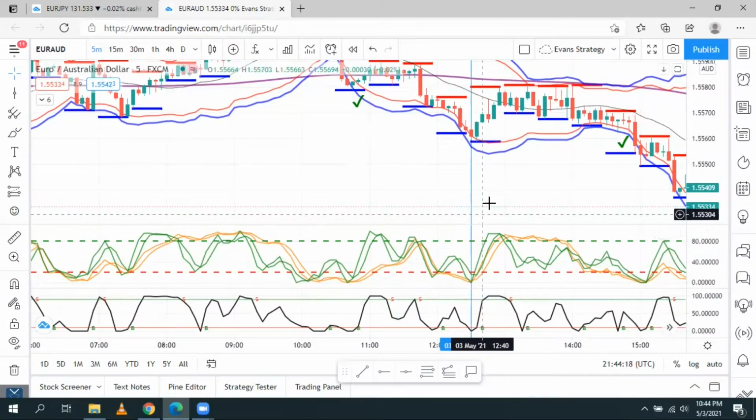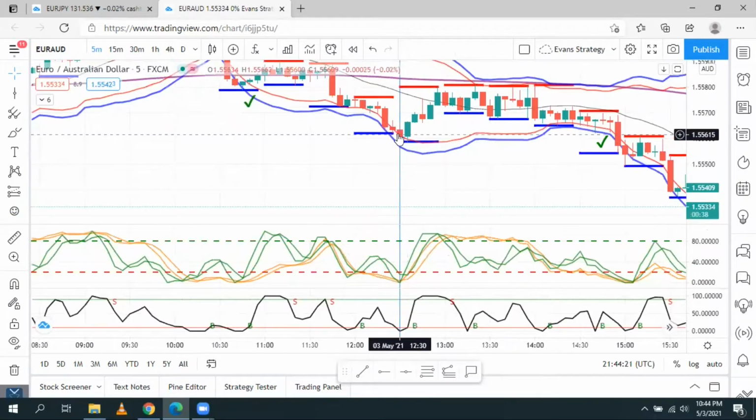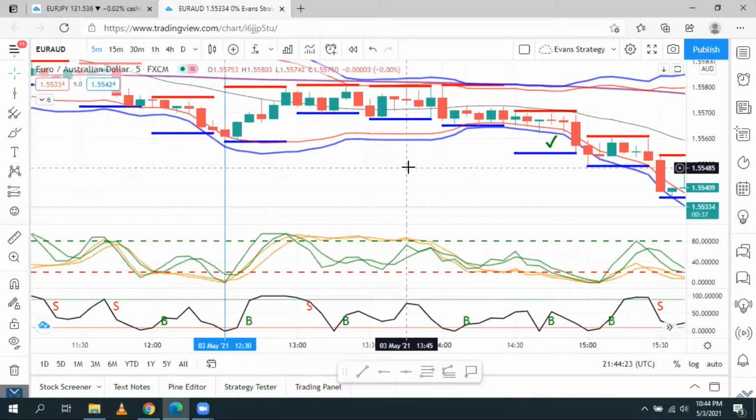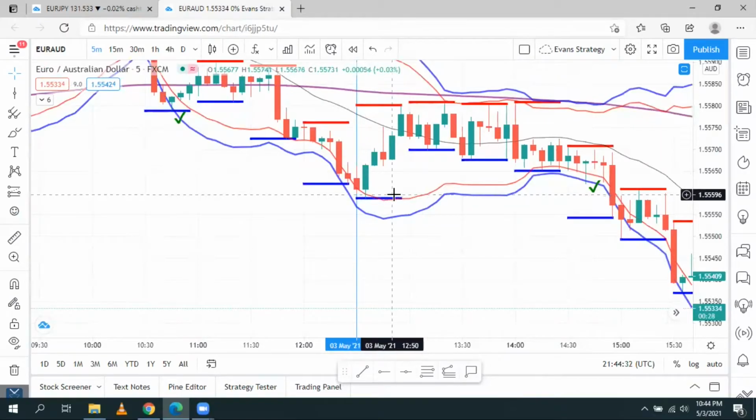Okay, now, how do we know when to enter? First things first, the moment this market right here was rejected here, this blue line would have been created for you. This blue line would have been created for you because once the market is rejected at the point, the blue line automatically creates itself.